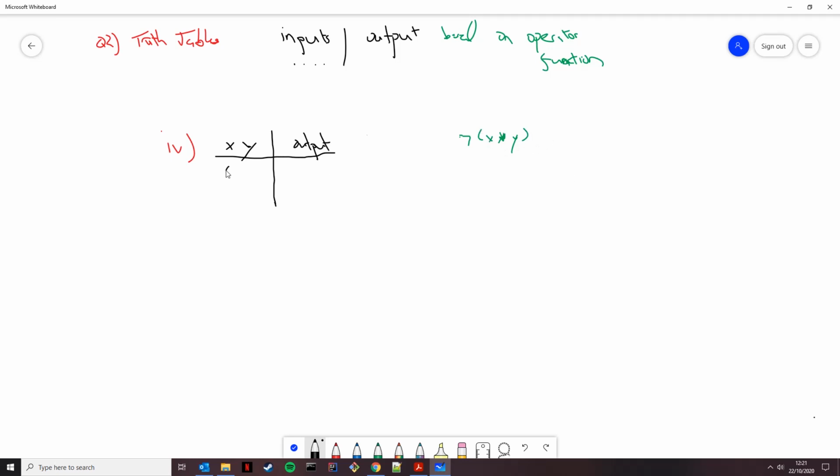So the actual thing to do here, again we have two inputs, we're going to have four outputs. Let's do the X multiplied by Y first. So we did that in the last one, so it's going to be 0, 0, 0, 1. And now, let's take the not of X multiplied by Y. Basically, we want the opposite of this. So we're going to do another line. We're going to do not.